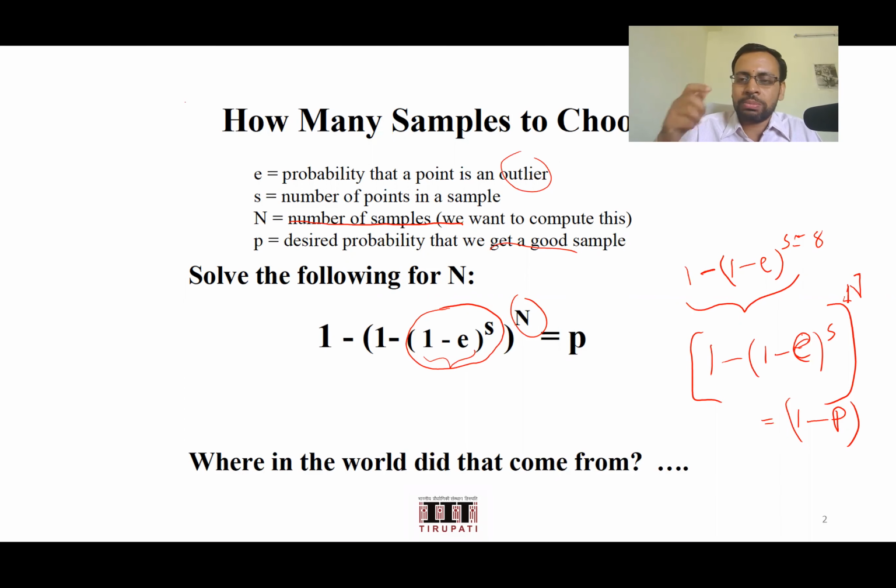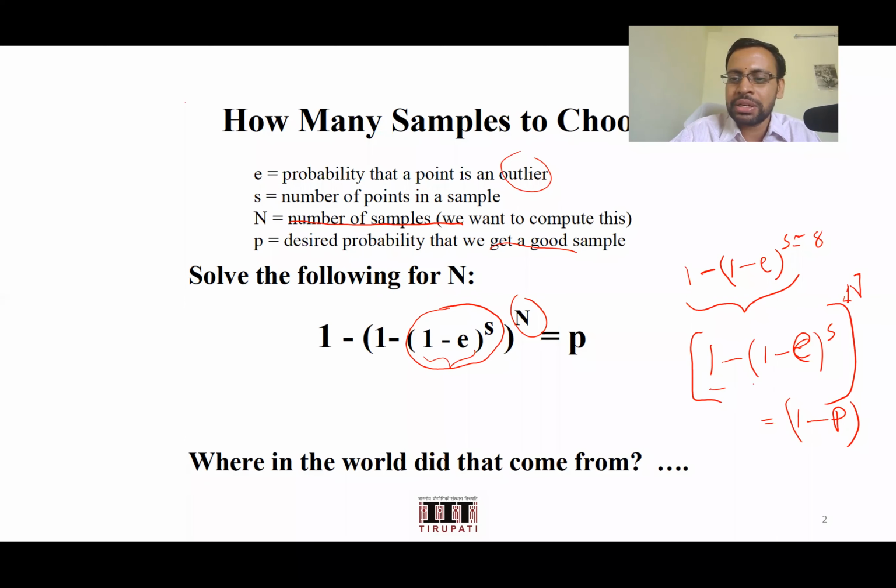Now you are picking S points, and all of them being inliers has probability 1 minus E whole power S. Now, the probability of having at least one outlier, meaning one or more outliers, how do you get that?